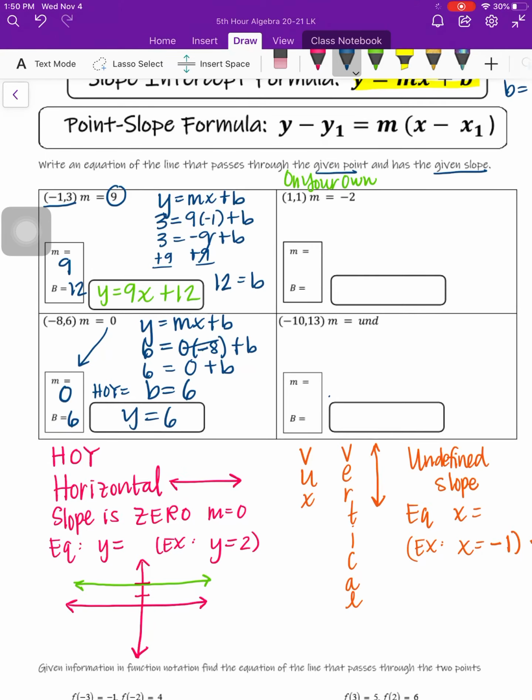The next one, we're told that the slope is undefined, so I'll fill that in. That's a VUX problem. So I can just use the x value and point out that the x value is negative 10.